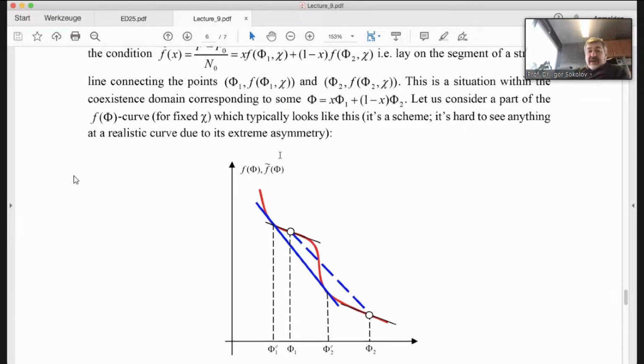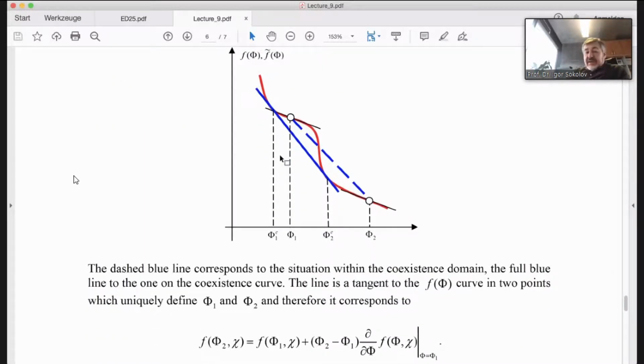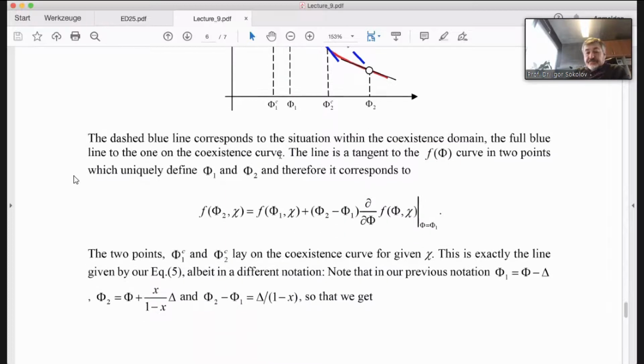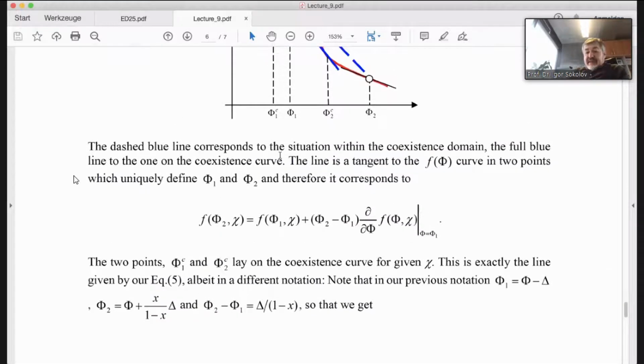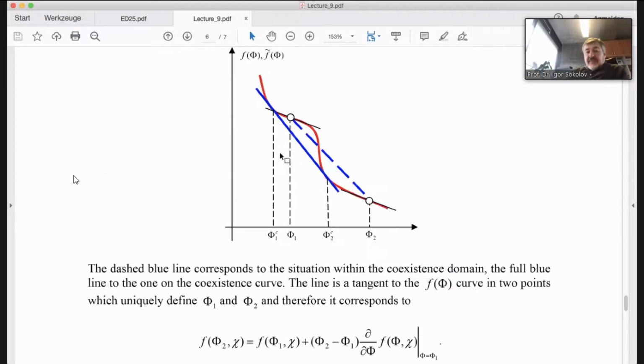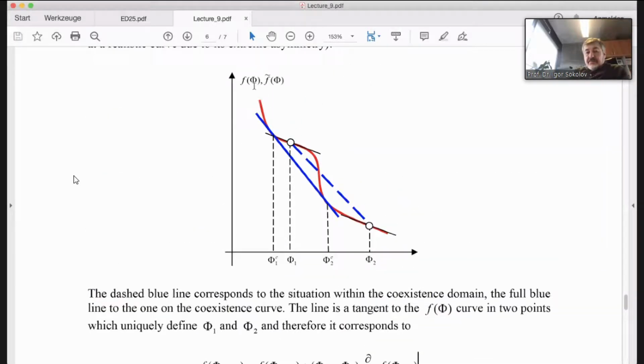This is a very typical picture which explains how I can obtain the form of the coexistence curve graphically from the picture of f of phi.